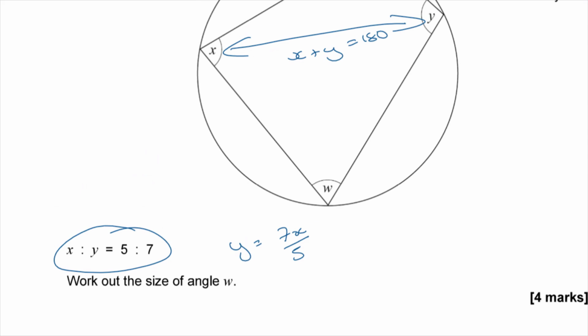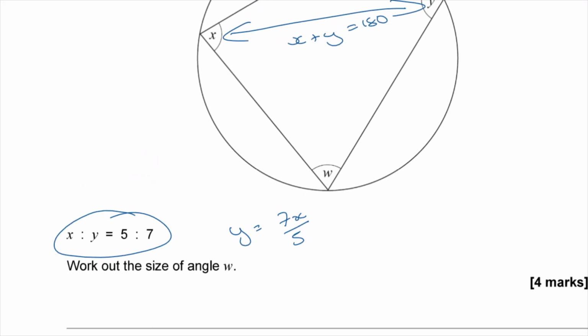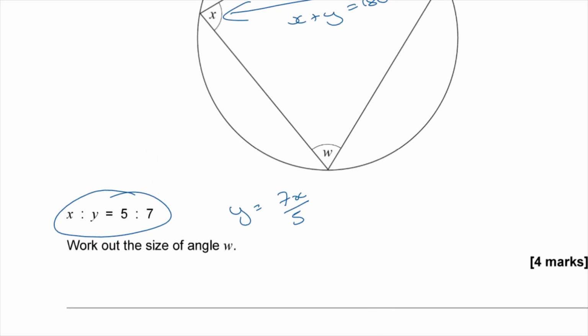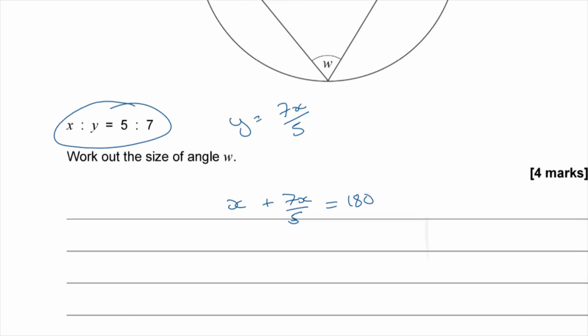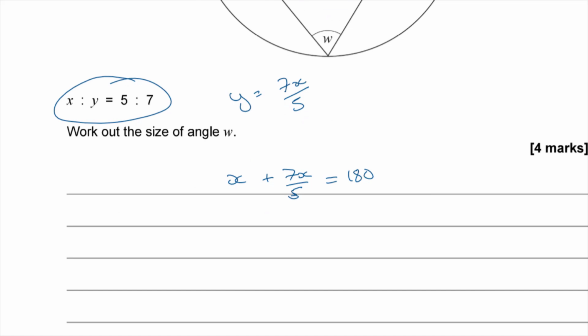Again, I can solve them by substitution. So subbing in that value of y into x plus y, x plus 7x over 5 is equal to 180. So x is 5x over 5, so 5x over 5 plus 7x over 5 is 12x over 5.